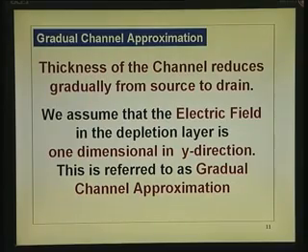Thickness of the channel reduces gradually from source to drain. We assume that electric field in the depletion layer is one dimensional in the y direction. Okay? This is referred to as gradual channel approximation. That was what Shockley did, very clever thing at the time. If I started with two dimensional analysis, I think nobody would have understood the JFET or MESFET. Okay? So, that is the point.